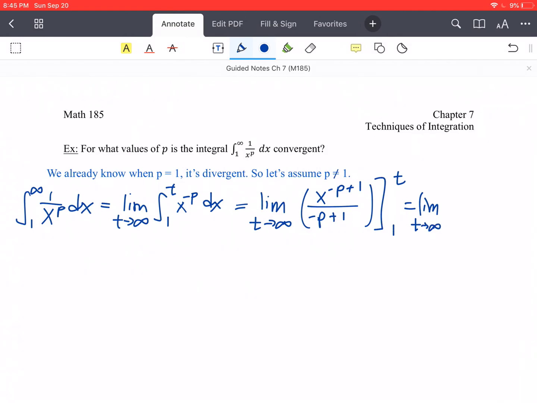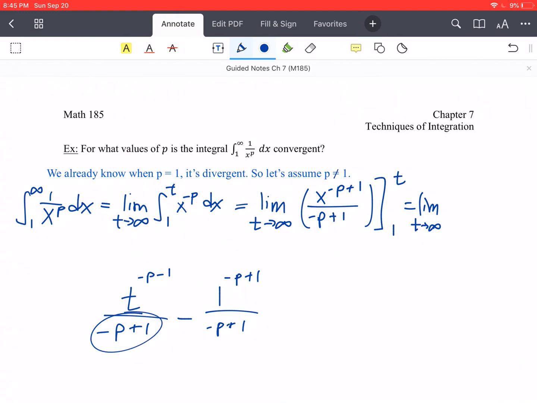Now, when we do this evaluation, let me do this off to the side. We get t to the negative p plus 1 over negative p plus 1, minus 1 to the negative p plus 1 over negative p plus 1.